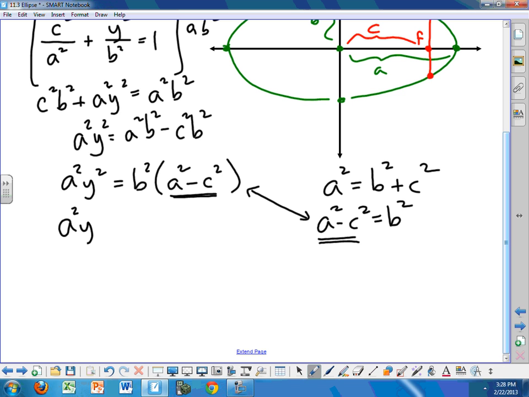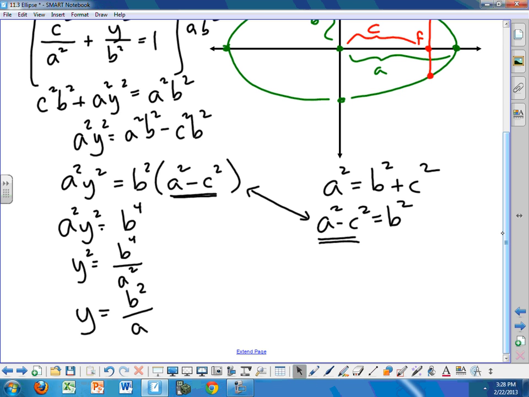That'll give me a squared y squared is equal to b to the fourth, or y squared equals b to the fourth over a squared, giving me a final value of b squared over a. The y value, therefore, is b squared over a, for whatever c value you get.